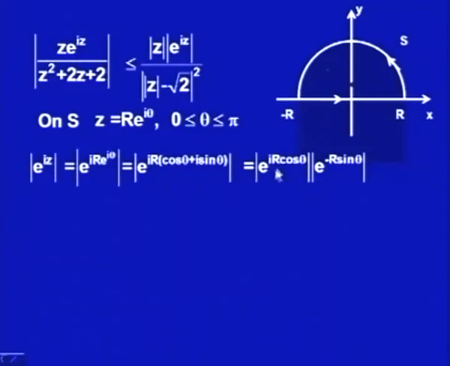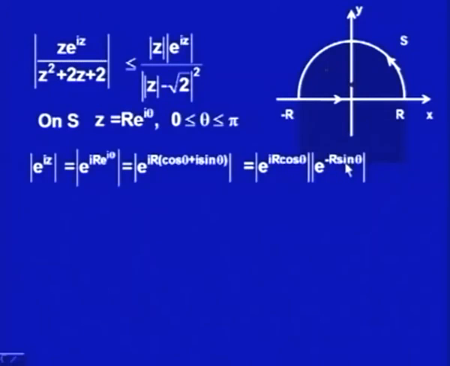Now, the absolute value of e to the power i r cos theta, whatever be this e to the power i x, this modulus is always 1, because by Euler's formula it is cos x plus i sin x, and sin square x plus cos square x is always 1. So this is 1, and r we are taking as a positive value.